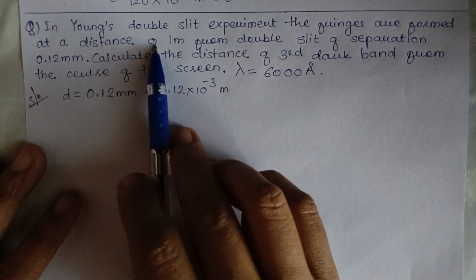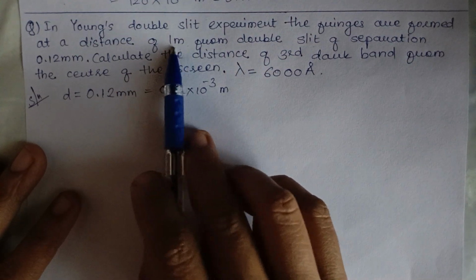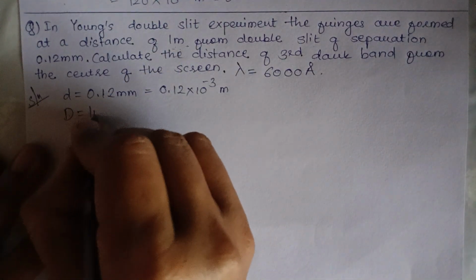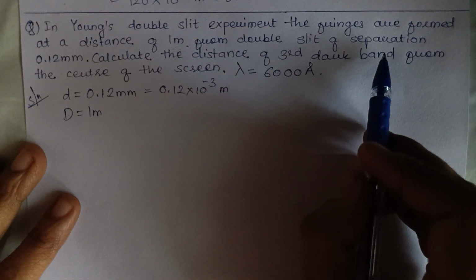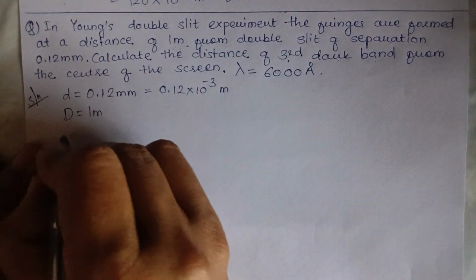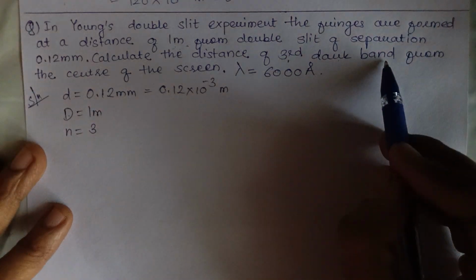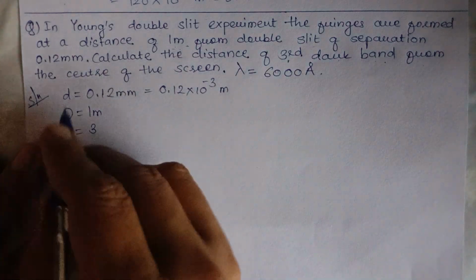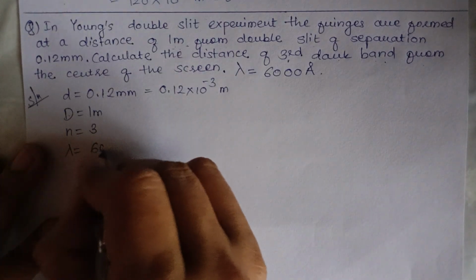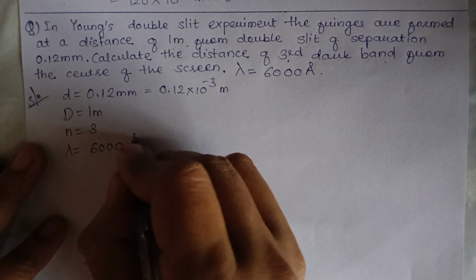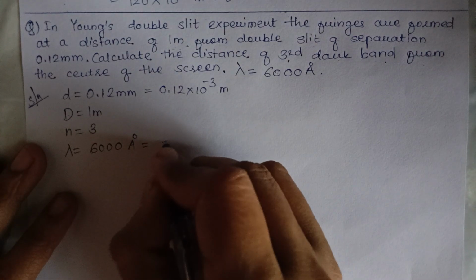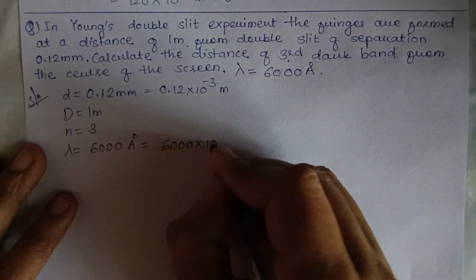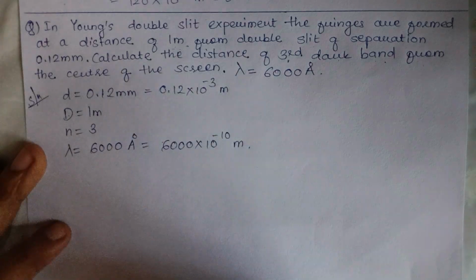Then distance of 1 meter, so this is our screen distance because it is formed on the screen, right? So D is 1 meter. Then third dark band, so n is given 3. And lambda is 6000 angstrom. So convert it, 6000 into 10 raised to minus 10 meter.